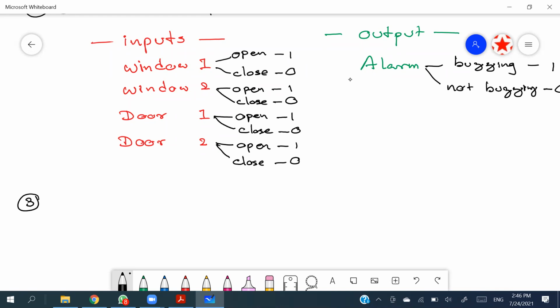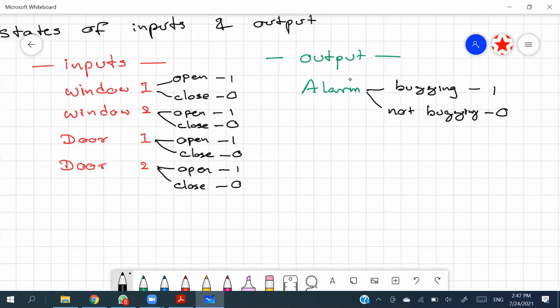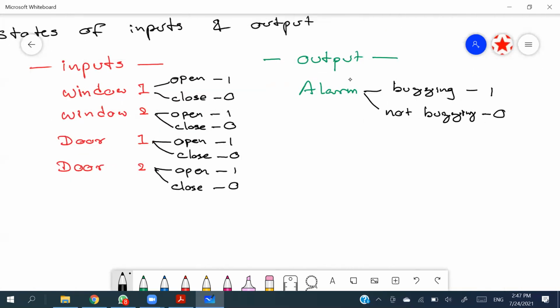So in that case, we are going to concentrate on the scenarios in which we have 1 as the output. In this scenario, state 1 indicates the alarm buzzing. So we are thinking about the alarm buzzing scenarios, right?